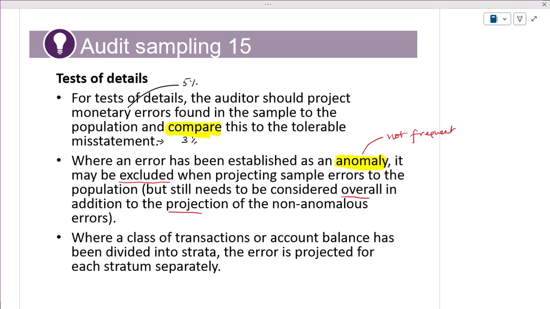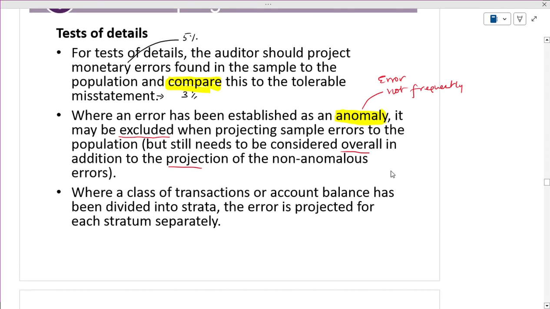Error not frequently occurred, but still we cannot eliminate it completely. This is the concept of test of details. Again I'm saying, you should project monetary errors and compare them to tolerable limits. When an error has been established as an anomaly, it may be excluded while projecting the errors.